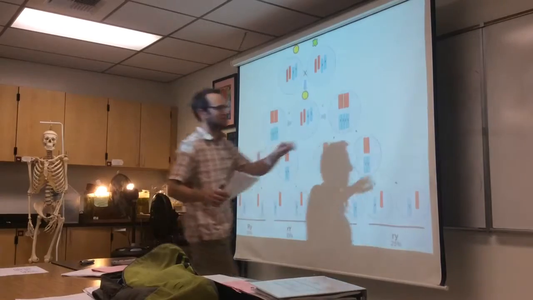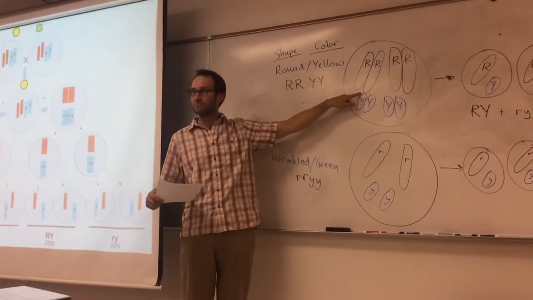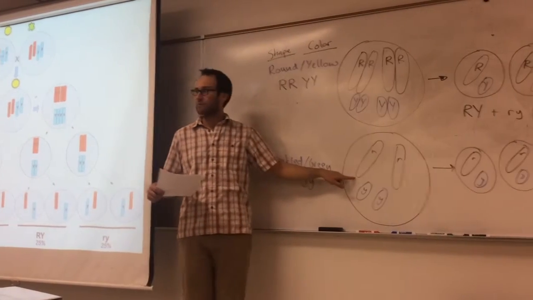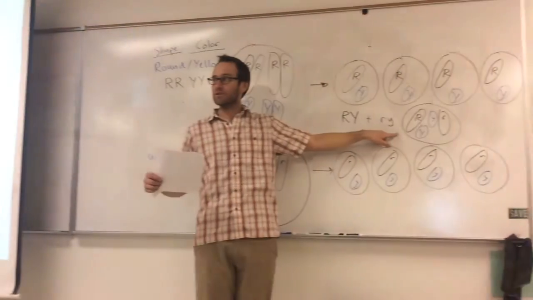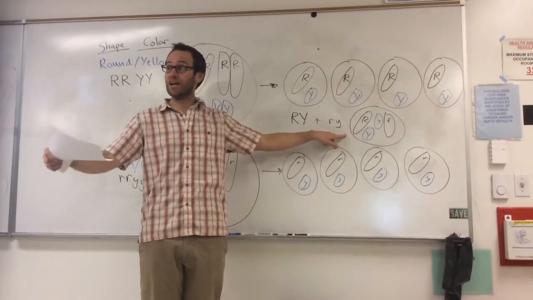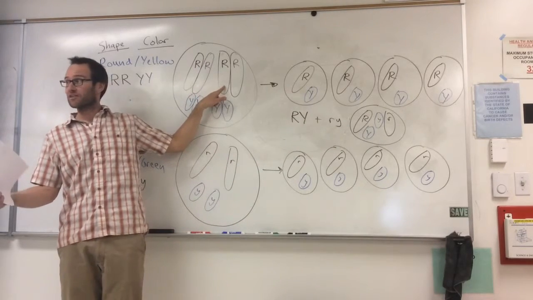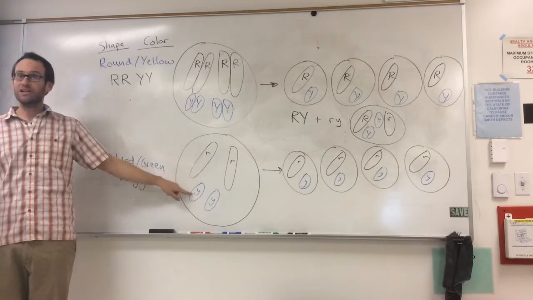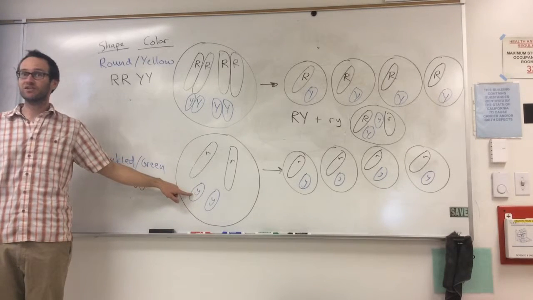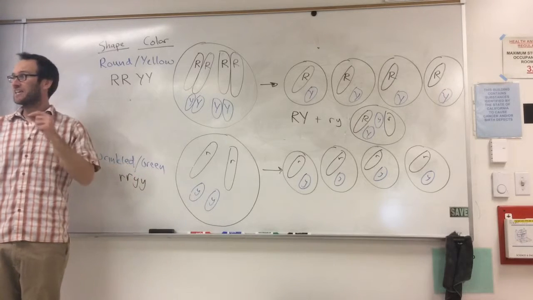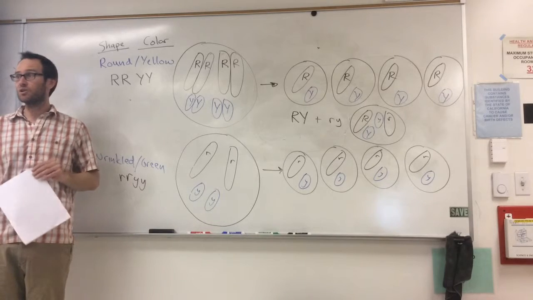The idea is, because round and yellow came from the same parent and wrinkled and green came from the same parent, when you cross them together and make a heterozygote and then cross those heterozygotes together, does the fact that round and yellow came together and wrinkled and green came together influence the likelihood of them staying together in that last generation? So are you more likely to keep big R's and big Y's together and little r's and little y's together? And that's the goal of this cross.